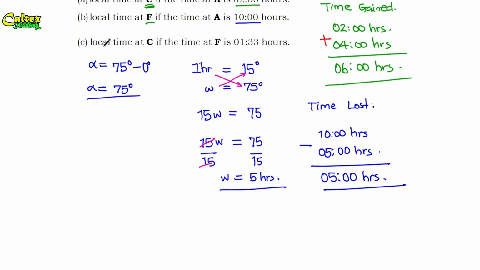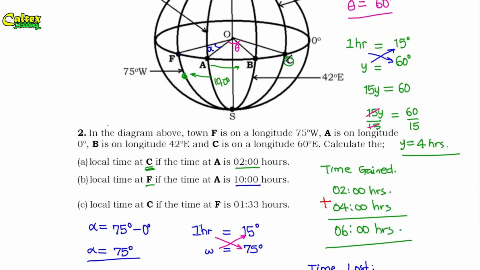So finally, we have the last question that says to calculate the local time at C if the time at F is 01:33. Looking at our globe, we're talking about C and F. When you look at our diagram, we realize that the angle difference is from here up to there, because that is where C is and this is where F is.